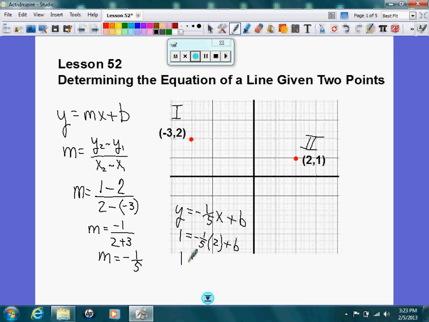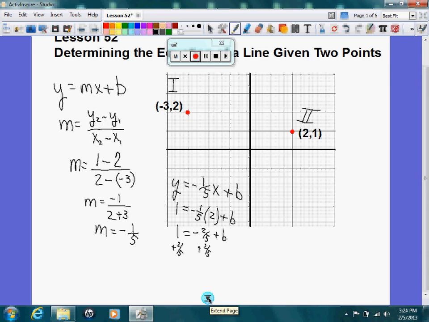So we get 1 is equal to minus times the positive is a minus 2/5 plus b. We add 2/5 to both sides, and we get that b is equal to 1 and 2/5, or we could write that as 7 over 5.